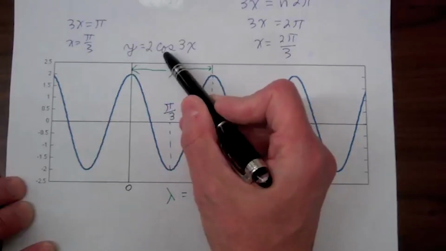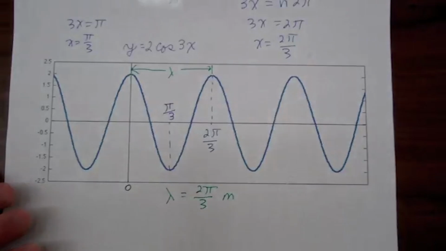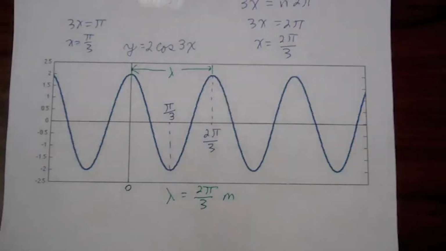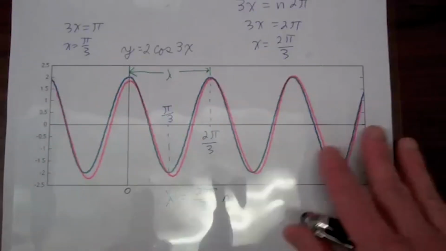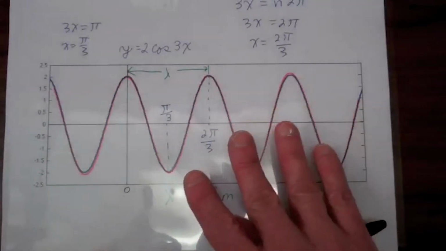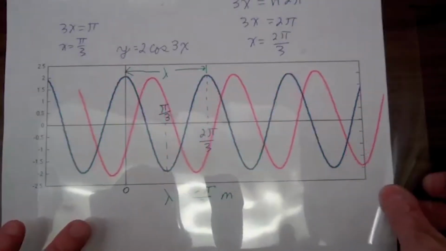Y equals 2 cosine of 3x represents this stationary pattern. Now let's look at how we can turn it into a propagating or traveling wave. In other words, we want the cosine function to move with some velocity, and let's assume in the plus x direction, like this.